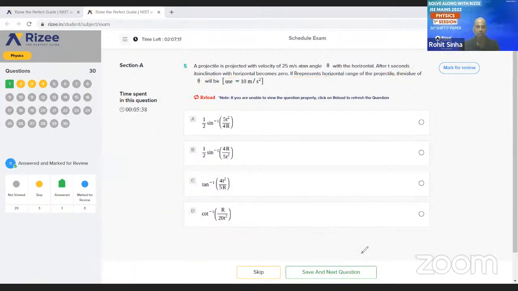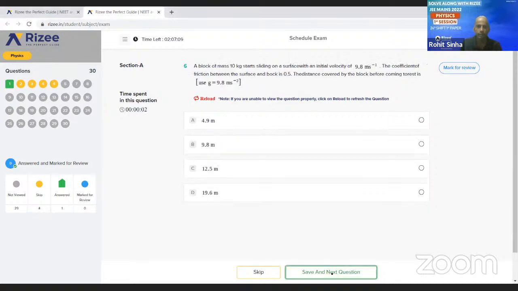Okay, now let's go to the next question. It says that a block of mass 10 kg is sliding on the surface with the initial velocity of this. It is not telling that the surface is horizontal or inclined.